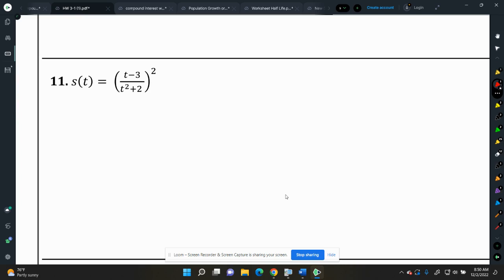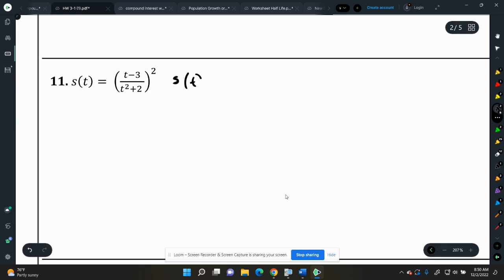I'm going to use u substitution on this one. Okay. So I'm going to rewrite this, we're going to have to do that for the u part.